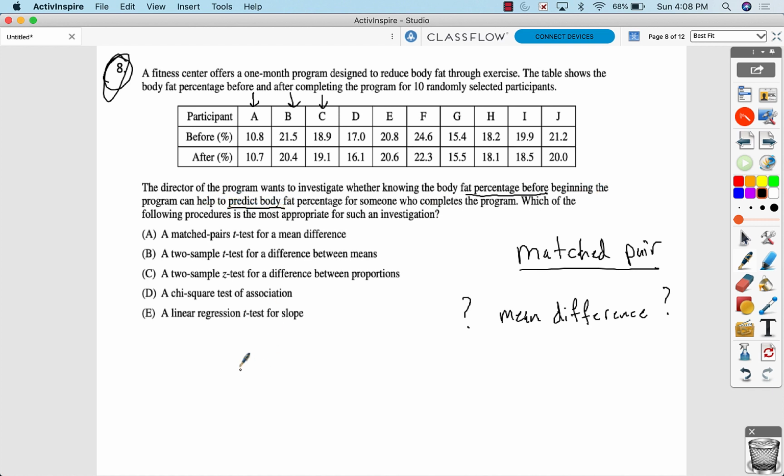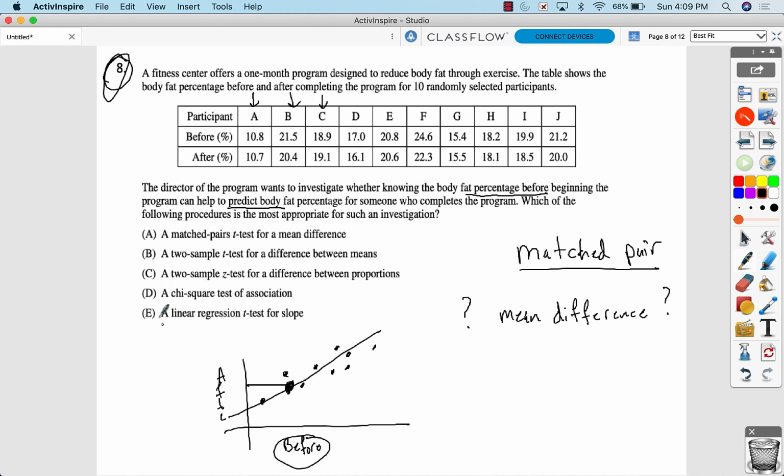Helps predict. So in this case, this is the before and this is the after. And these are all dots on a scatter plot. So if you know this before, does it help us predict after? Okay, and you only could do that if there's an association.